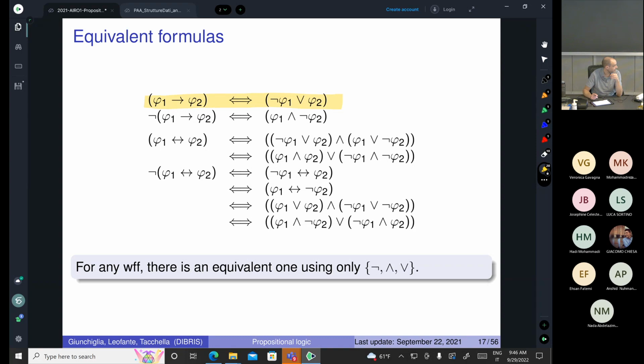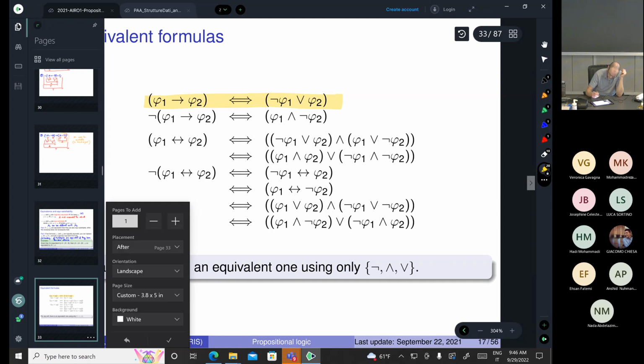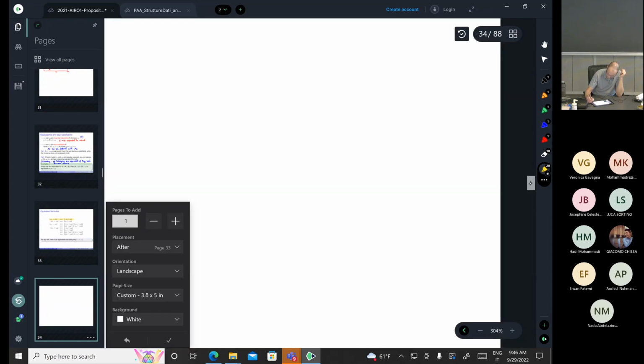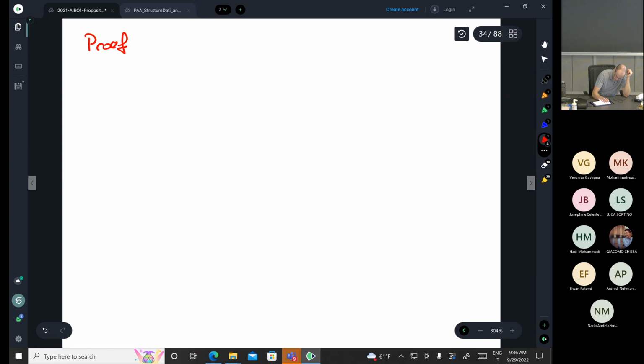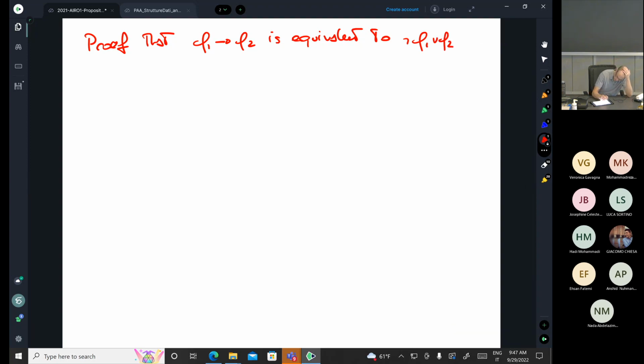In order to check that this is indeed equivalent, we should show that all the models of this are also models of this. Okay, so, proof that.